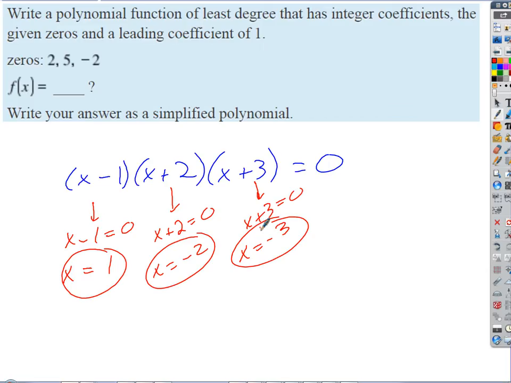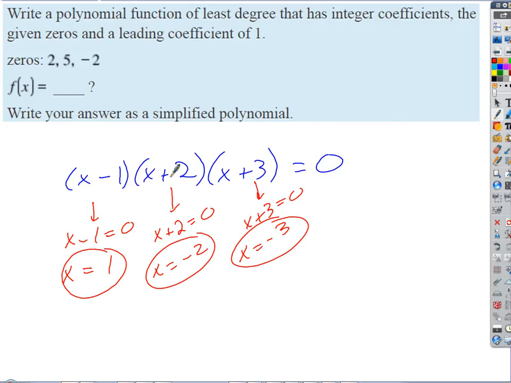This is easy. The zero x equals 1 goes with what factor? We already know the trick for that. We just subtract the 0 from x, and that recreates what is set equal to 0. That's the factor. Subtracting 1 from x gives x minus 1.